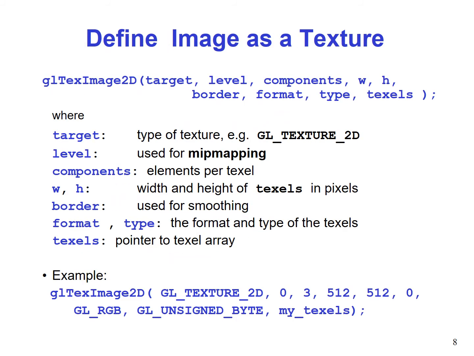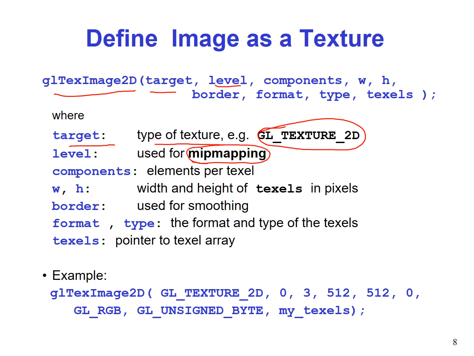Now we define the image as texture map. We use the glTexImage2D function for this and pass the appropriate parameters to this function. Here is a breakdown of what each parameter means. Target is the type of texture, such as GL_TEXTURE_2D, which we are going to use mostly in our unit and in the project. Level specifies the mapping level.